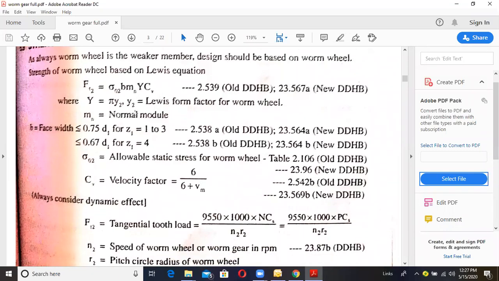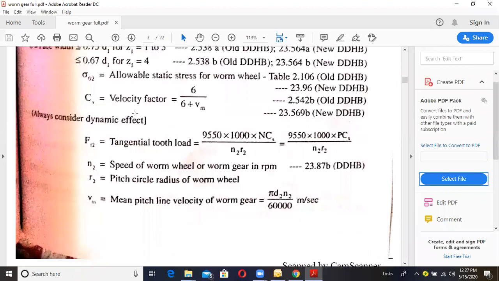Next is tangential tooth load. You know the formula: 9550 into 1000 into N into Cs divided by N2 into R2. So directly we are taking N2 and R2 here, because we are designing for the gear.